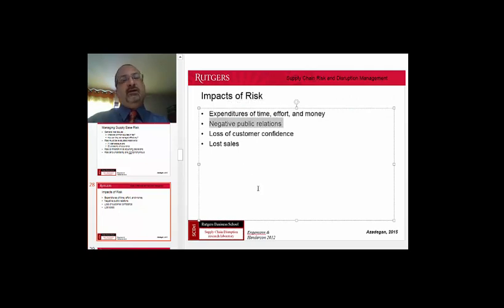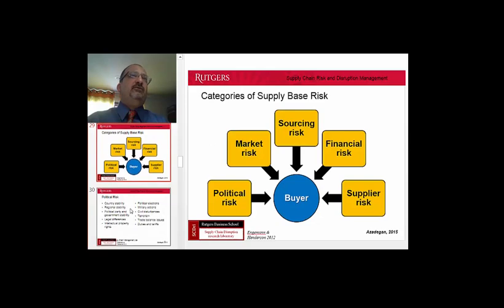At times, and oftentimes, if the media gets a hold of it, a company at risk doesn't even have to have a disruption to have negative public relations. And that can result in a loss of customer confidence, and of course, as a result, could have lost sales. There are other impacts of risk that you're going to see as we go forward.